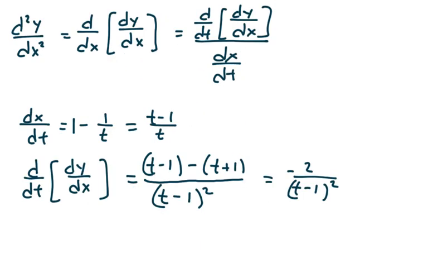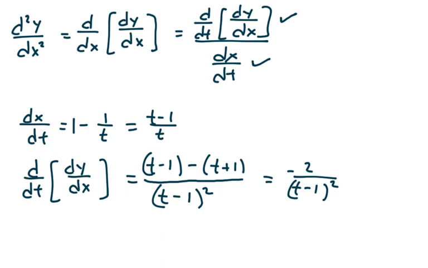Now I want the second derivative of y with respect to x. But that's the derivative of dy/dx with respect to x, which is the derivative of dy/dx with respect to t divided by dx/dt. Now, dx/dt is 1 minus 1 over t.